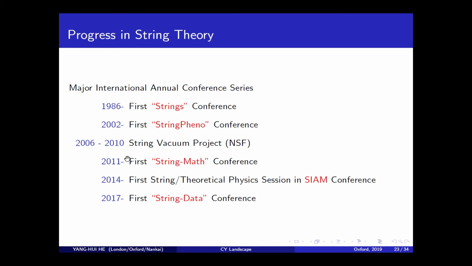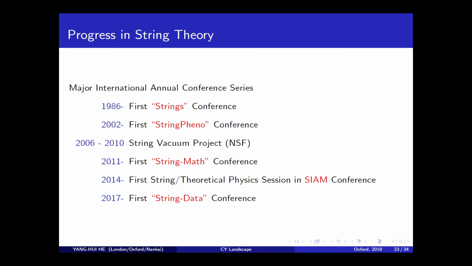The first string vacuum project, where people tried to address this degeneracy problem seriously, was an NSF grant from this period. Then the first string math conference in 2011. Then the first string session at the SIAM conference, which I helped Heather Harrington organize, was 2014. And 2017 is the first of a new series called the String Data conference, which is interesting to see where this community is trying to go.